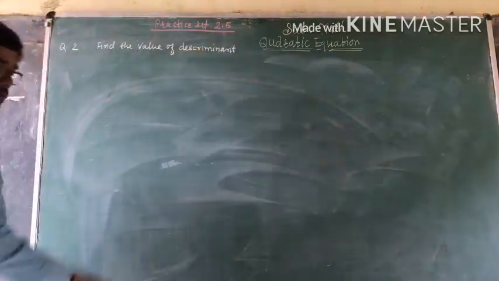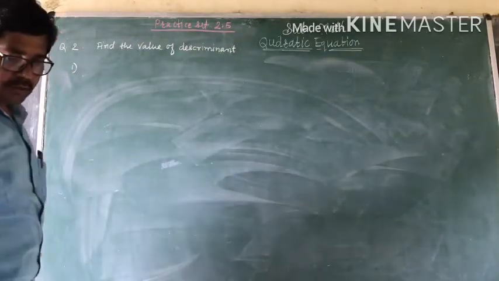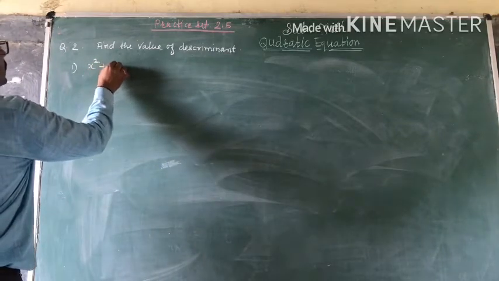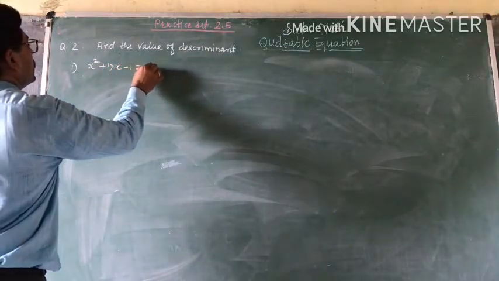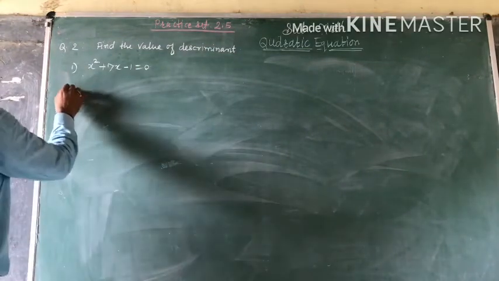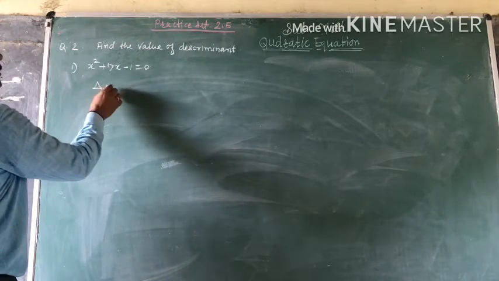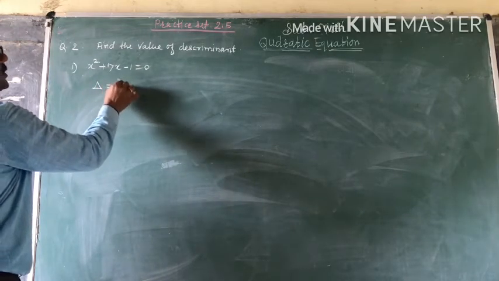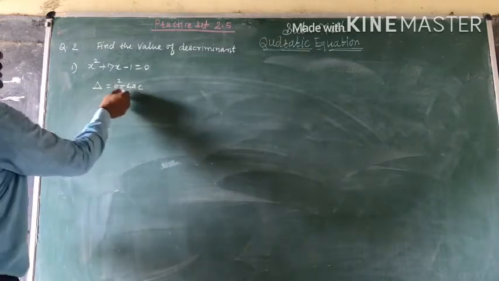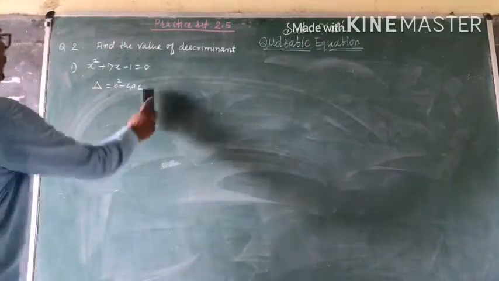Discriminant, number 1: x square plus 7x minus 1 is equal to 0. We have to find the value of the discriminant, and the discriminant delta is equal to b square minus 4ac. For that, we have to first write down the values of a, b, c.